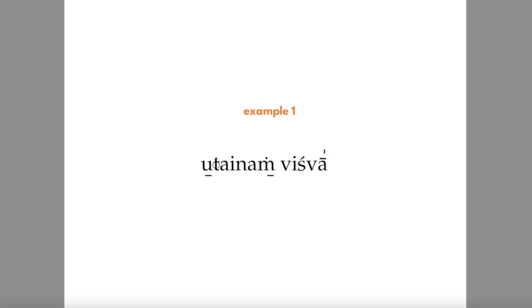An example we can use is also from the Rudranamikam. We have U going low, Te middle sound, Nam going low, Utainam, and then we have the double sound there.